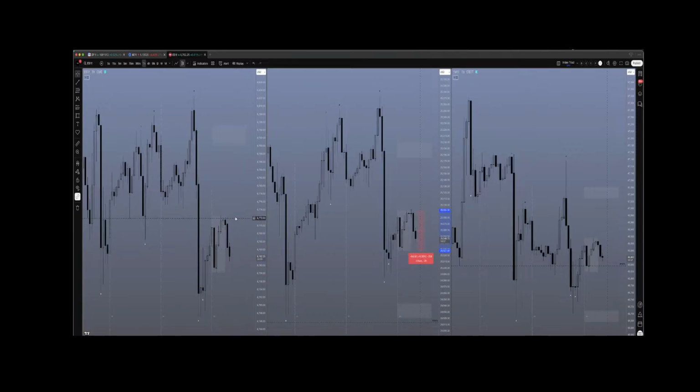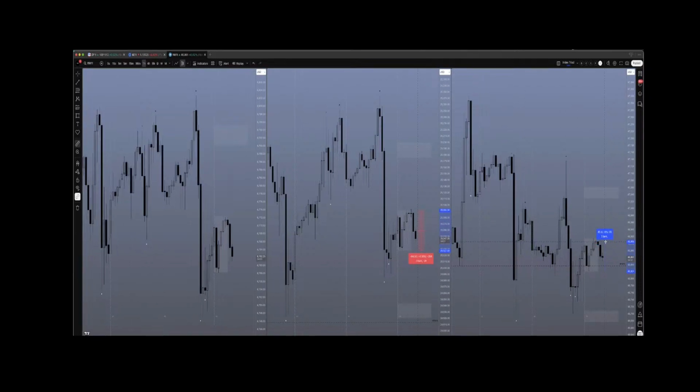Okay, so we're looking at an Asia range on index futures. That means London should create the wick. Let me just jot this down.